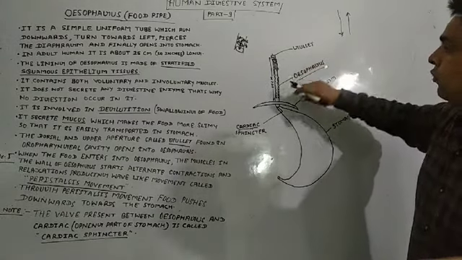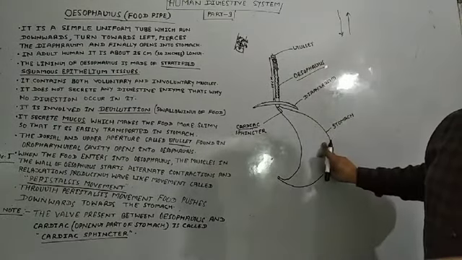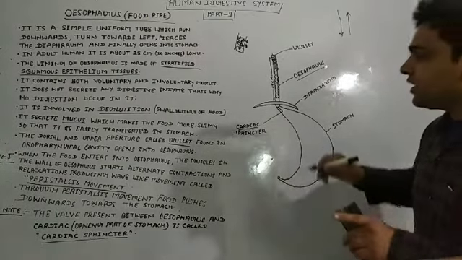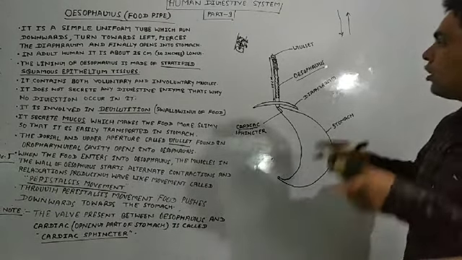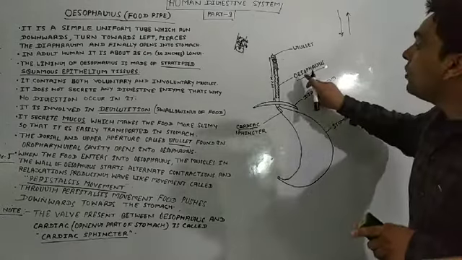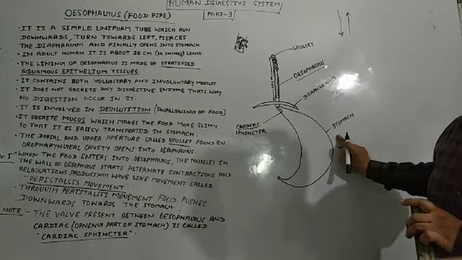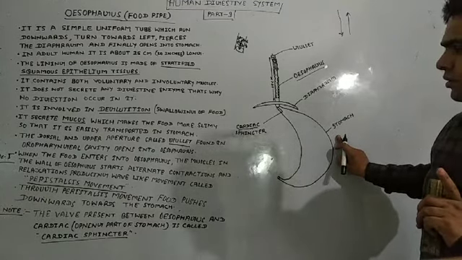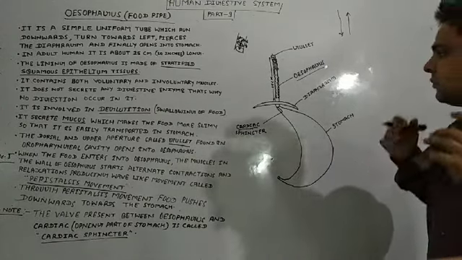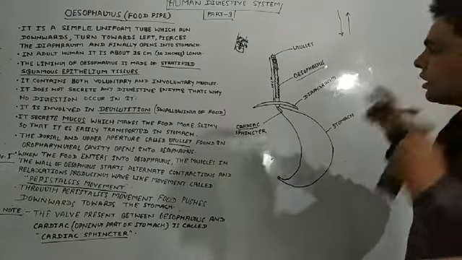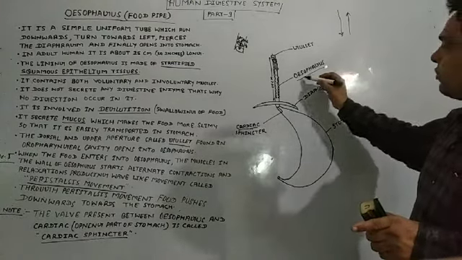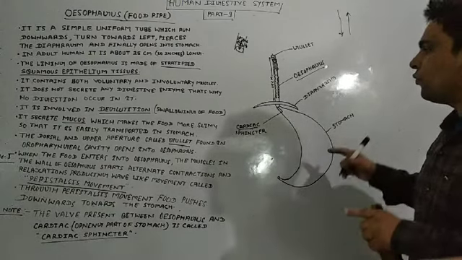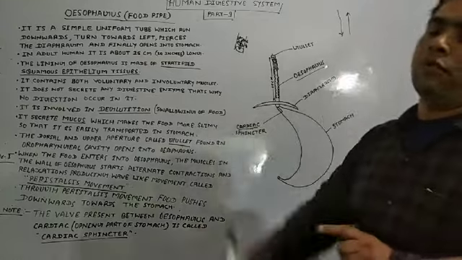Listen carefully, students. The cardiac sphincter is a valve that allows the movement of food from the esophagus to the stomach, but backflow is not possible. That means it allows food to move from the esophagus to the stomach, but prevents backflow of food from the stomach to the esophagus.